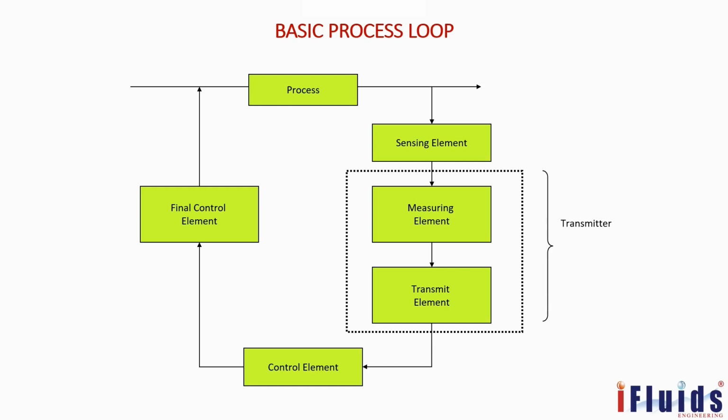Both combined are called transmitters. Then it will go to the control element. Control element is nothing but a DCS or single loop controller or dual controller or SCADA or maybe your PLC. Then it will go to the final control element. Final control element is nothing but your control valve, shutdown valve, maybe some pumps or motors or compressors. This is the basic process loop we are going to study.